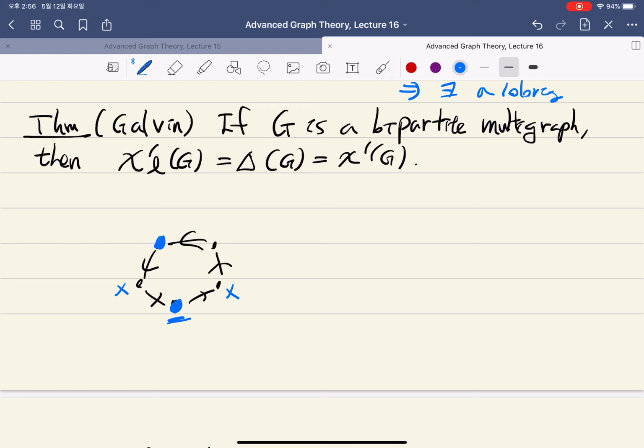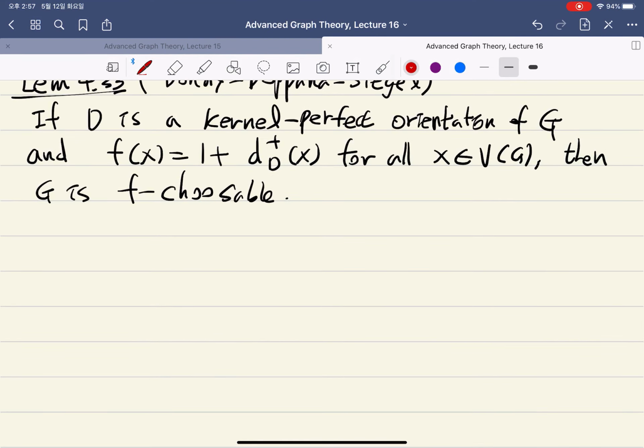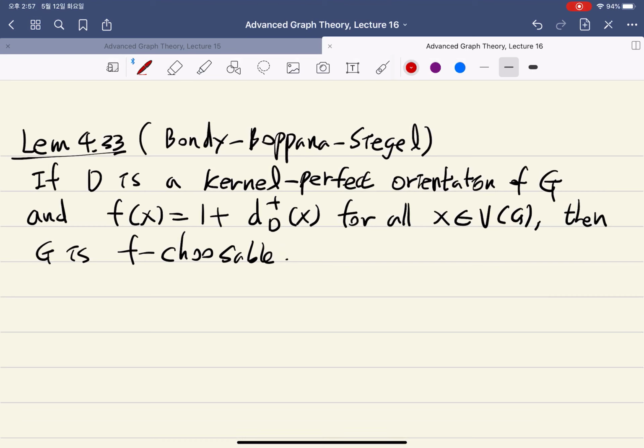But now what happened? This vertex must be outside of the kernel, but it doesn't have any out neighbor in the set that we take. Because it has an out neighbor only this, but this cannot be in the kernel, otherwise the kernel is not an independent set. So this is outside the kernel, but that's a contradiction that it is a kernel. So not every digraph has a kernel.